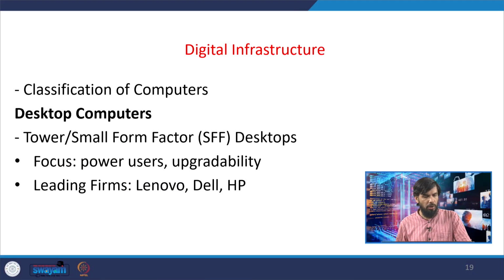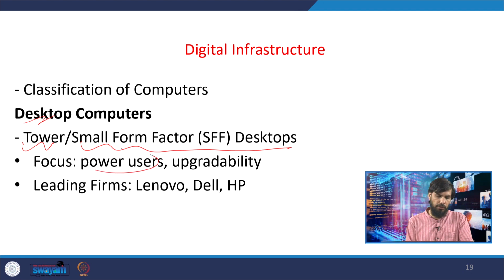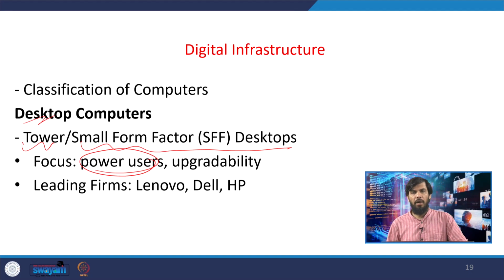Next is desktop computers, and the next category is tower or small form factor desktop. Now many times there would be certain employees who are actually power users, right. So they might be running some special design application or other detailing application or other engineering application, analysis, simulation, optimization, right.